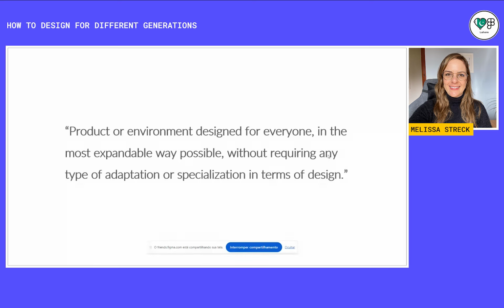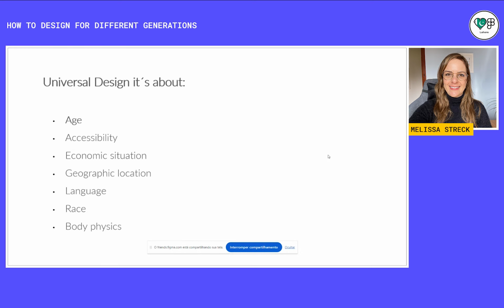When we talk about universal design, we are talking about a product or environment designed for everyone in the most expansive way possible, without requiring any adaptation or specialization in terms of design. I'll go to the next slide, and this will make clearer what I am talking about.